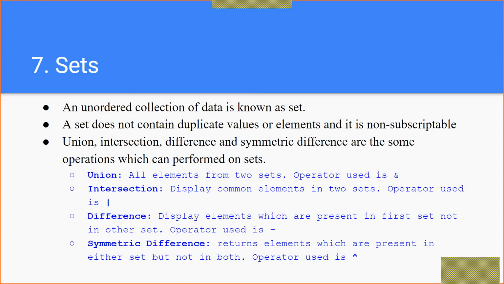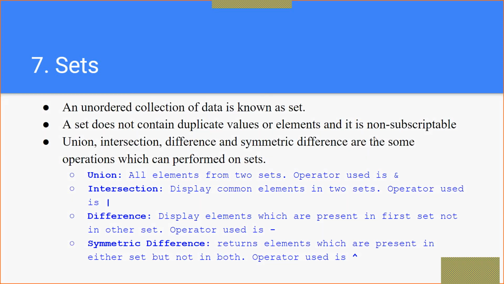And most important, you can see the second point. A set does not contain duplicate values or elements, and it is non-subscriptable. What does non-subscriptable mean? Like list, string, tuple, or the dictionary we have seen, in those, indices are there: 0, 1, 2, 3, 4.